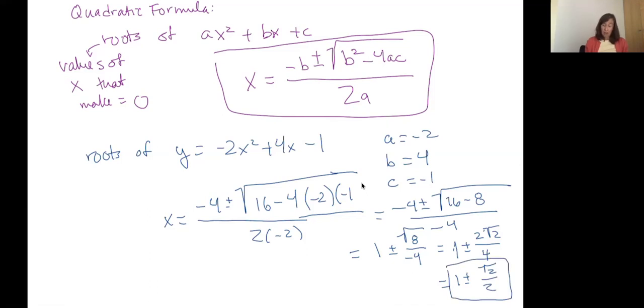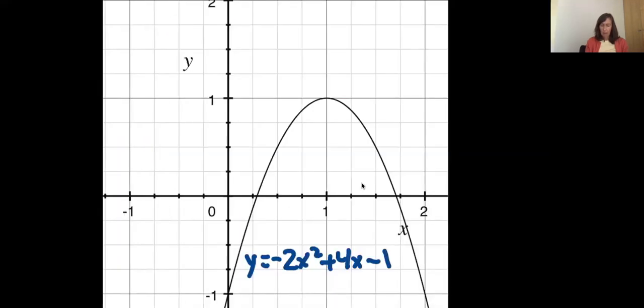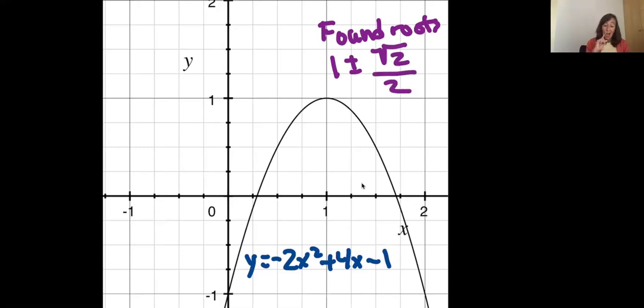That I can punch out on a calculator. And let's see, I think I want to go back to the screen with the graph on it. Okay, here. So what we found is that we have roots 1 plus or minus the square root of 2 over 2.